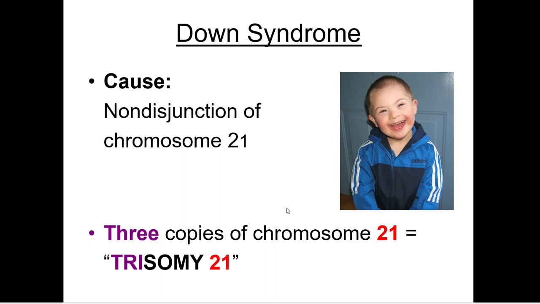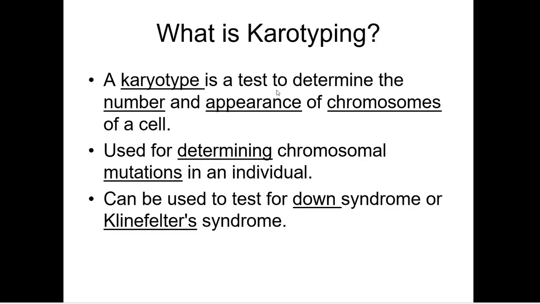And that's what causes some of the issues and the features that you see in Down syndrome. And I did a lot of research on Down syndrome for a family. And there's just a lot, even mentally, as far as focus, as far as memory, all of those things are affected, okay?